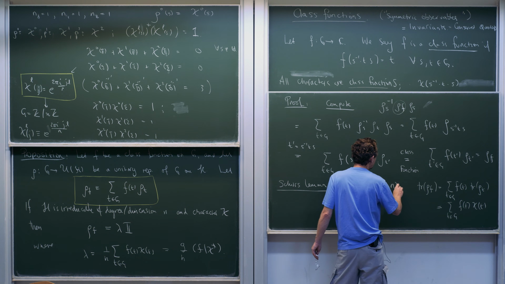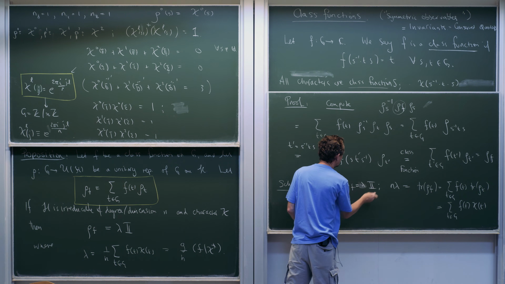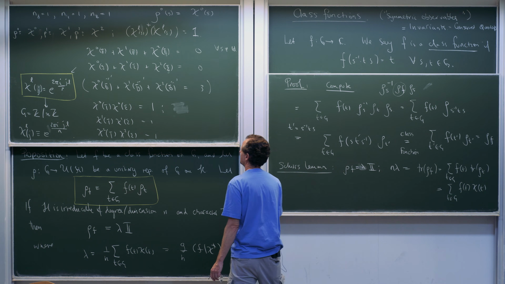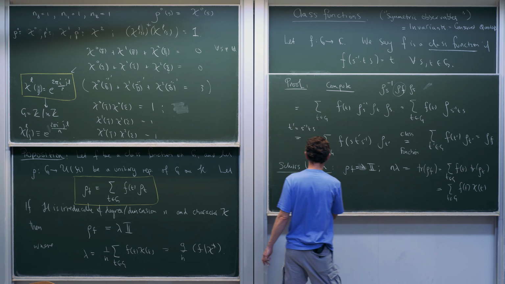So we have that n lambda equals the trace of rho f. And then I think that's what I had in the proposition, isn't it? Yeah, it worked out.